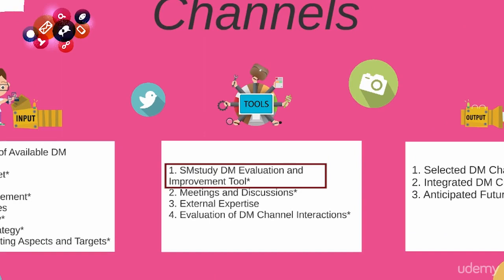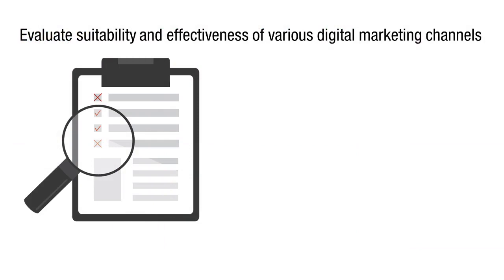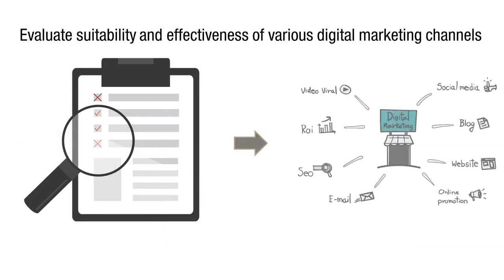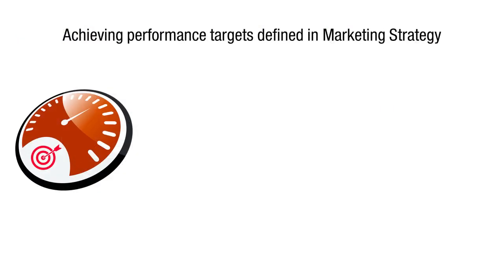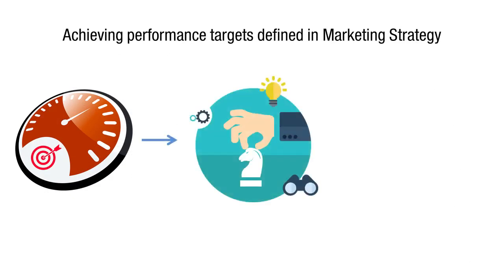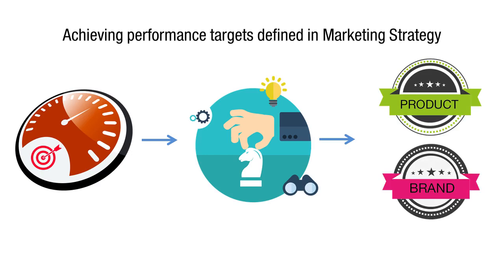The SM Study Digital Marketing Evaluation and Improvement Tool is used to evaluate the suitability and effectiveness of the various digital marketing channels for achieving the overall performance targets as defined in the marketing strategy for a product or brand.